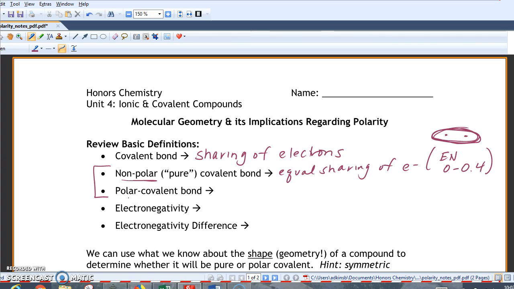You can also have what's called a polar covalent bond, which means there is an unequal sharing of electrons, and that's an EN difference between 0.4 and 1.6. Again, these aren't lines in the sand. We talked about the fact that if you pick up different textbooks, they'll have different values, but we use those as our guidelines.